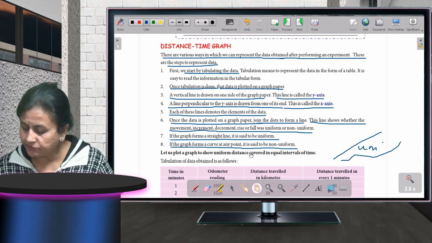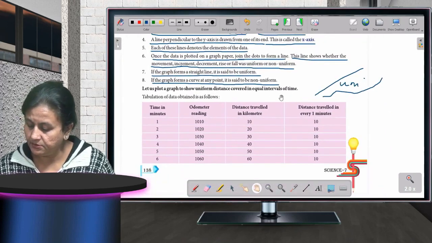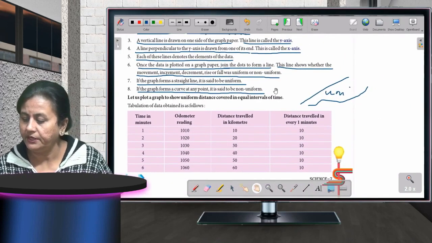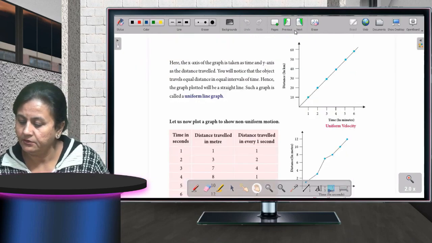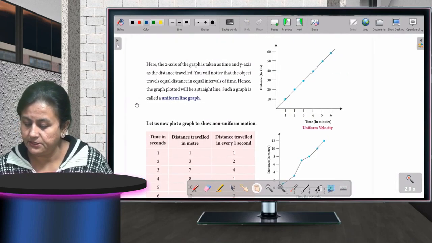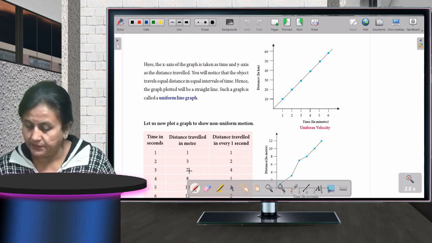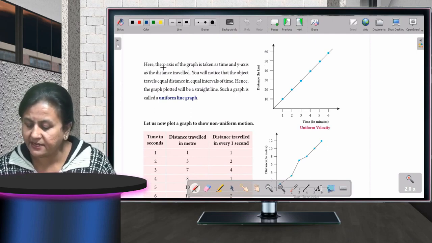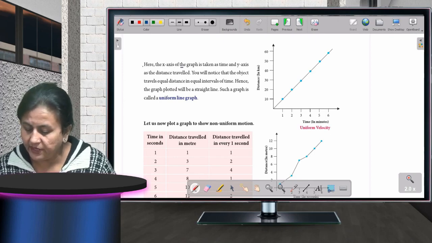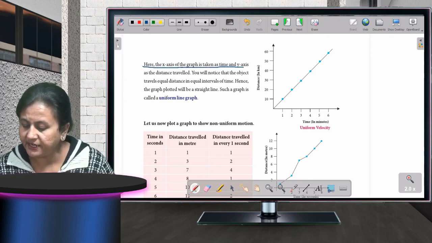Can you all see on your screens? See, children, look here. The x-axis of the graph is taken as time, and the y-axis as distance traveled.